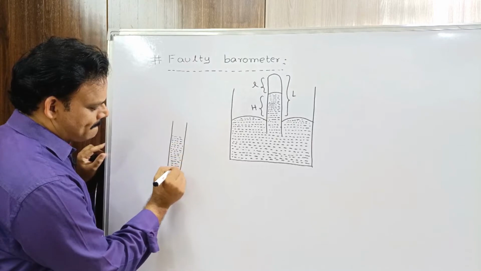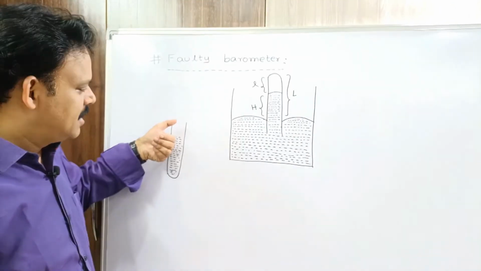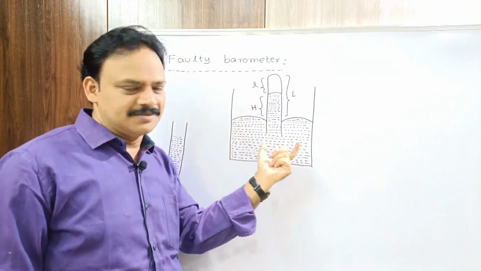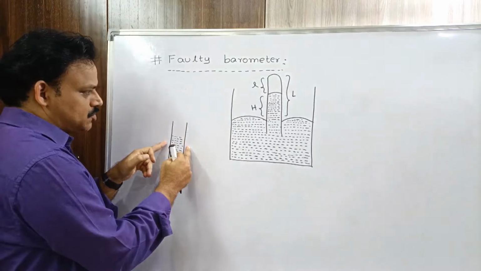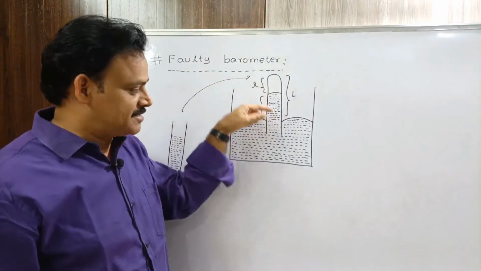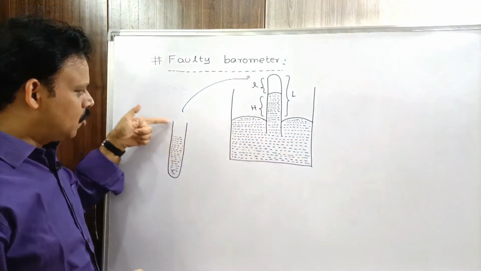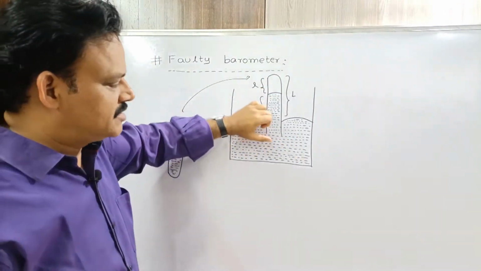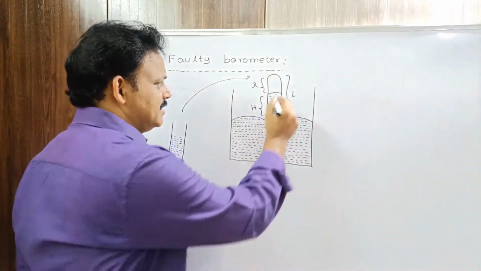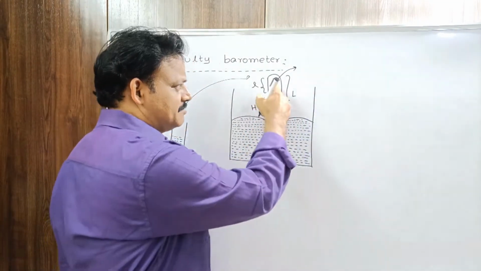Now let the open end be closed with a thumb and placed inside the mercury vessel like this. So it is inverted and placed inside the mercury vessel by closing the open end with our thumb. After that, just remove your thumb. Then the space here is called Torricelli's free space, or it is nothing but vacuum.